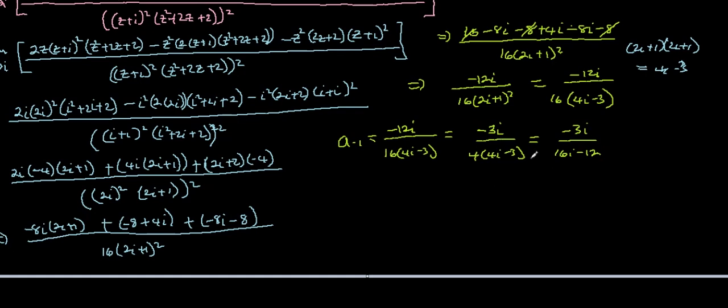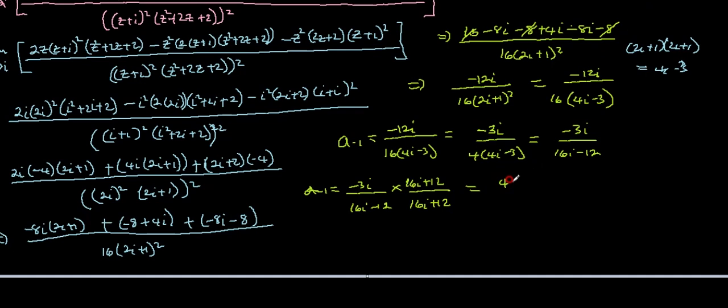At this point now, we are going to rationalize the denominator. That means we are going to have a minus 1 equal to minus 3i divided by (16i minus 12) times (16i plus 12) divided by (16i plus 12). I would like you to do that on your own.